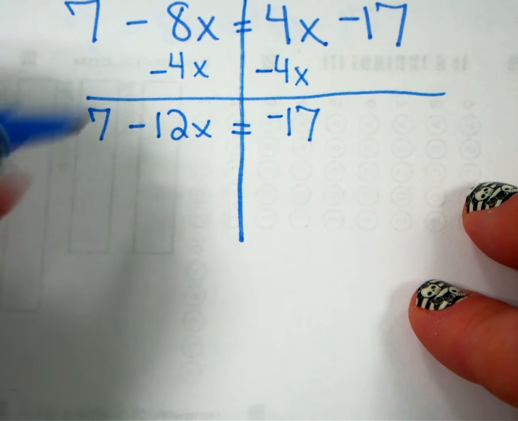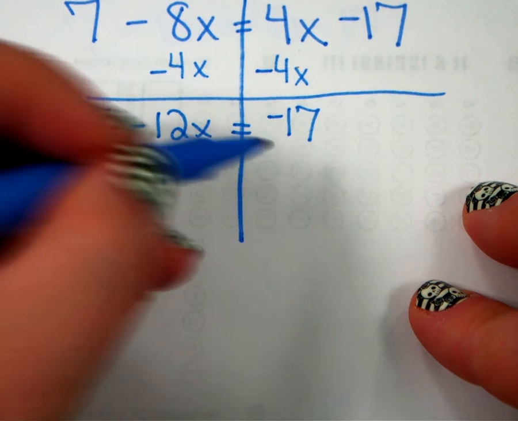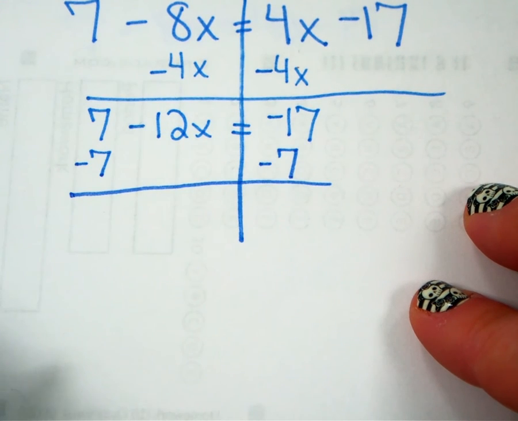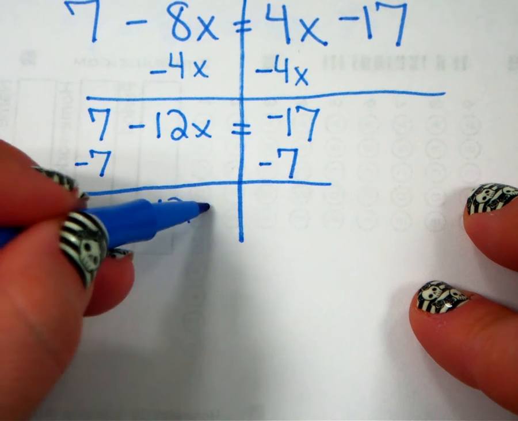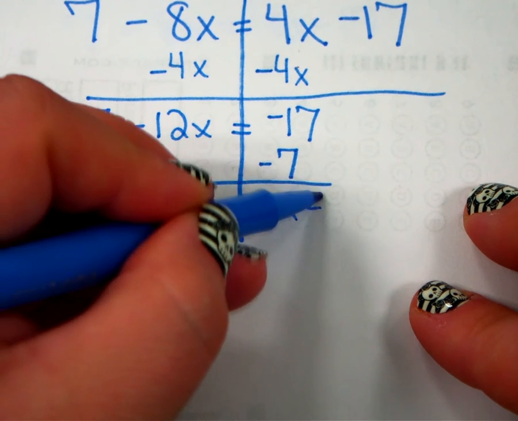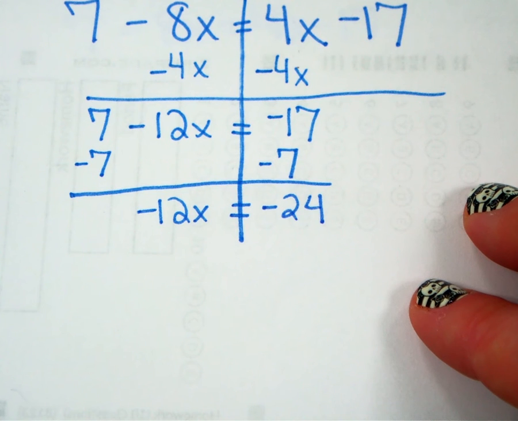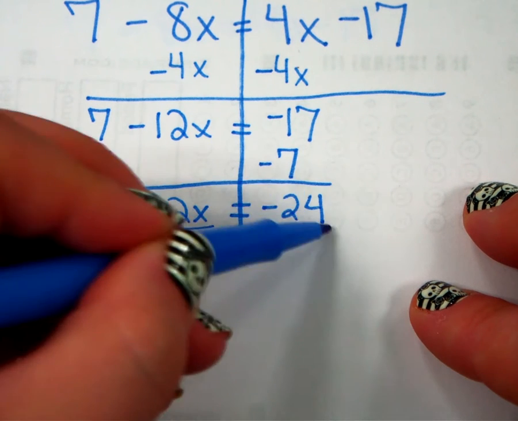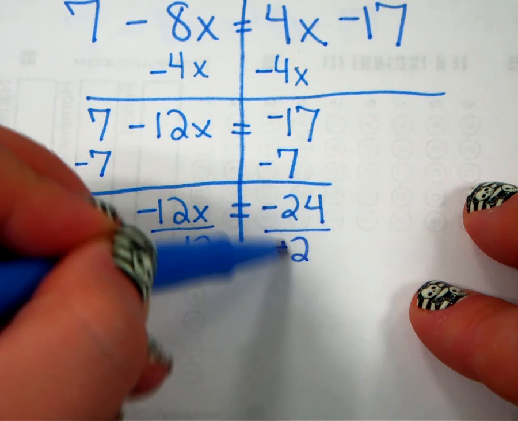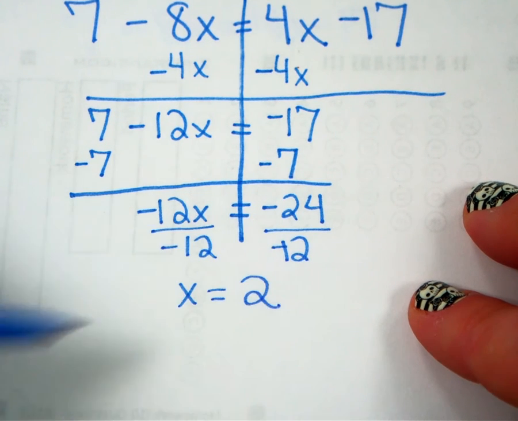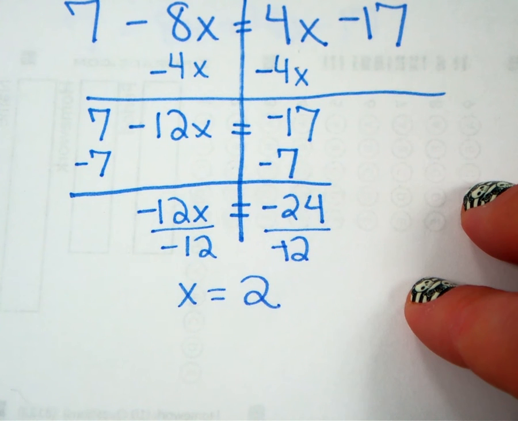I have to subtract 7 because it's a positive 7, leaving me with negative 12x equals negative 24. Now we're going to divide both sides by negative 12. So negative 24 divided by negative 12 gives me positive 2.